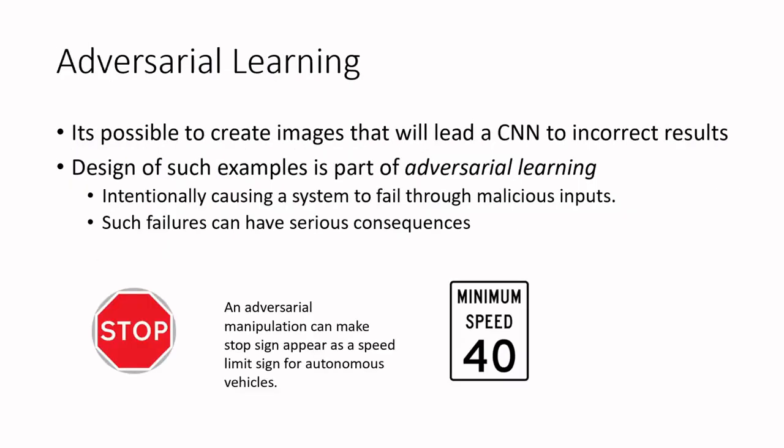Now let's switch gears and talk about another kind of learning, which is known as adversarial learning. This topic by itself is a very important topic because this learning represents a situation where you have a bunch of good guys and a bunch of bad guys.